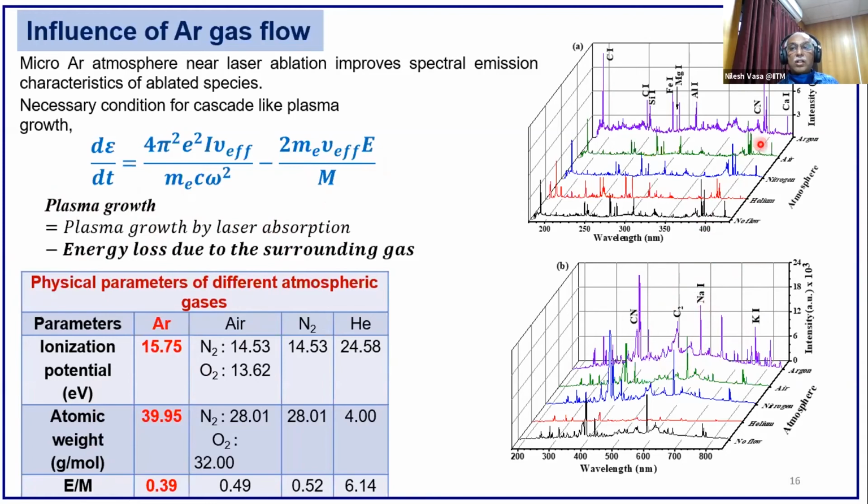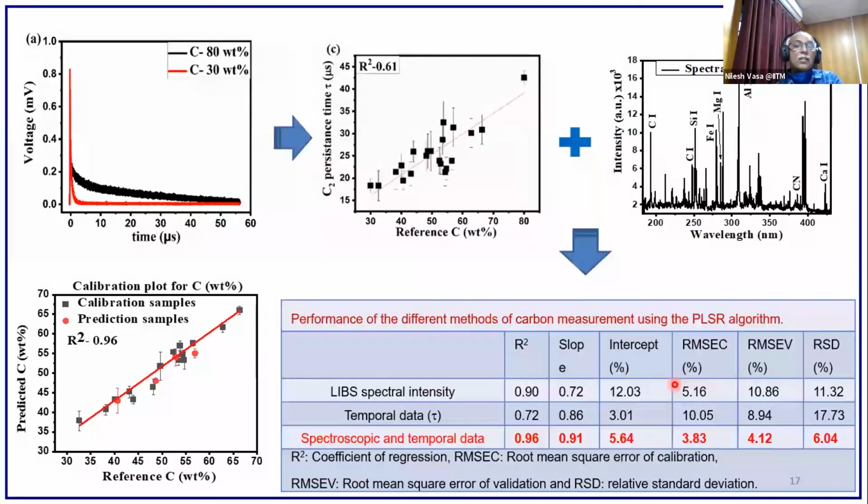Because now the carbon was interacting within its plasma with its own carbon atoms, or the nitrogen atoms, which are generated from the coal itself. So this technique helped us to first of all separate these carbon emission lines distinctly.